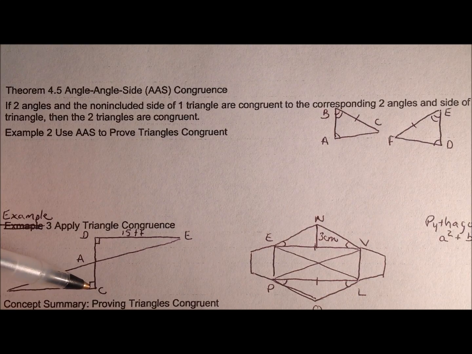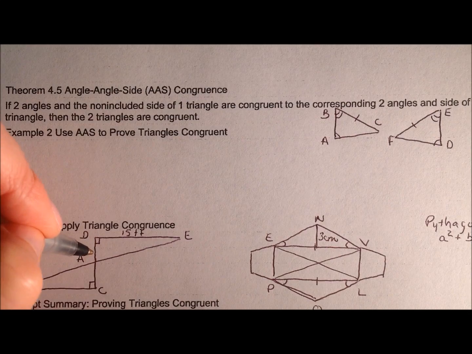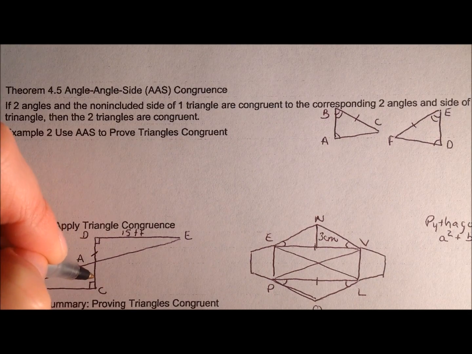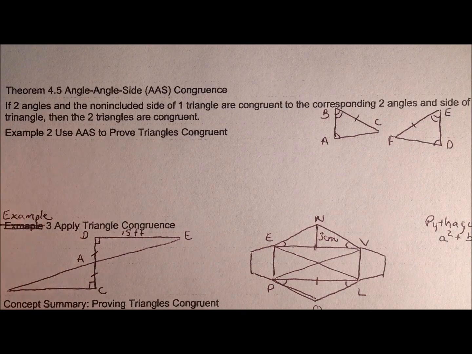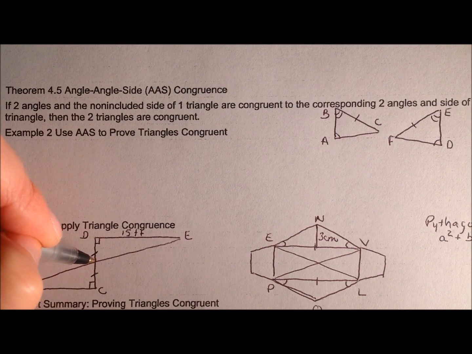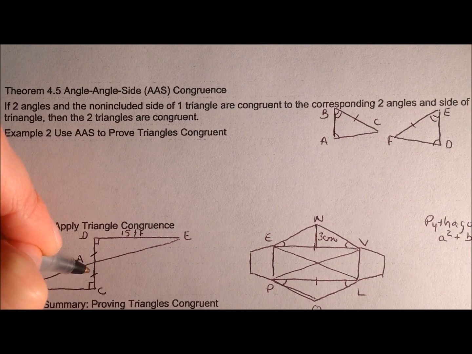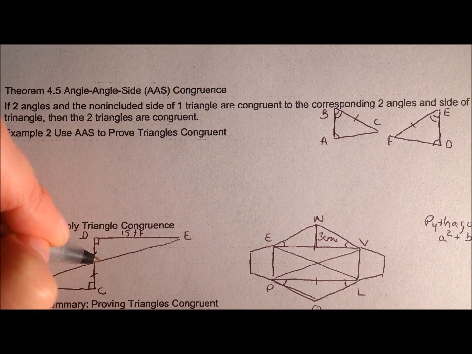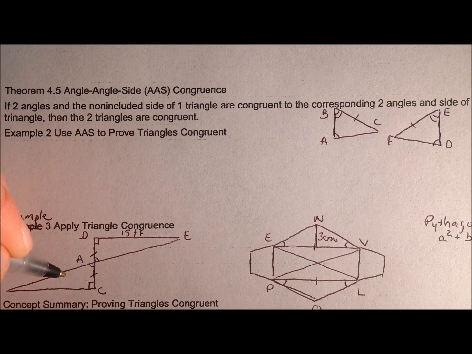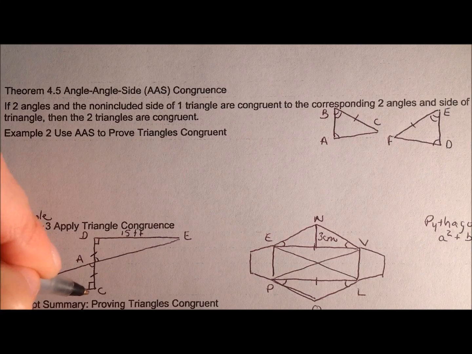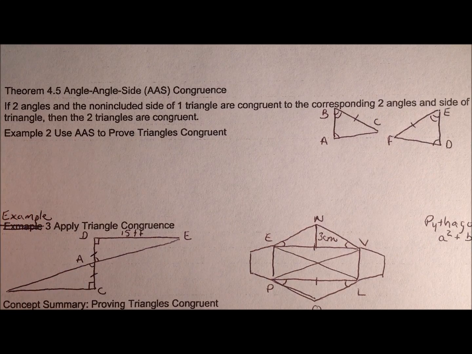So we have right angles at C and D. We also know that A is the midpoint here, so we have DA and CA, which are congruent. We also have vertical angles here, so these two vertical angles are congruent. And we're asked to find the length of BC.